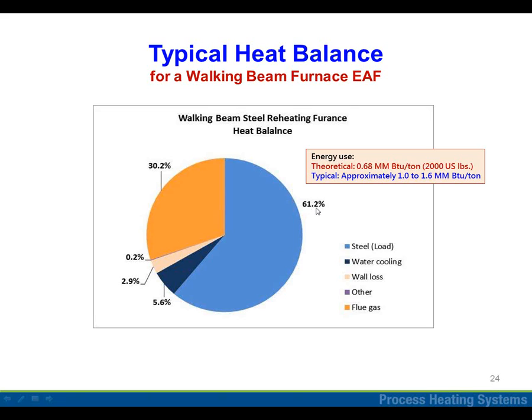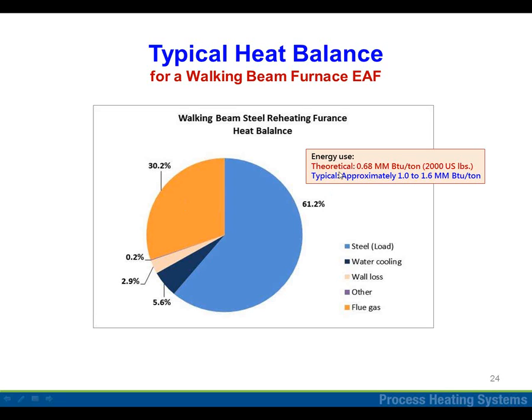So 61.2% of total heat energy is actually going here to basically reheat your steel material. But then you are losing almost 6% in the form of water cooling losses, as this is a walking beam furnace, so you are actually using water cooling. And then there are wall losses, roughly 3%, and then you have flue gas losses, almost 30%.